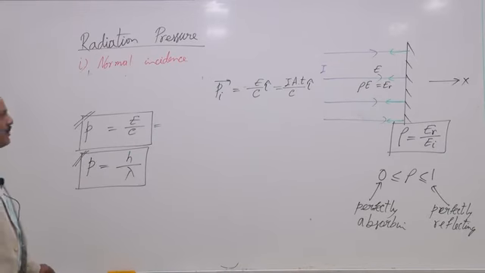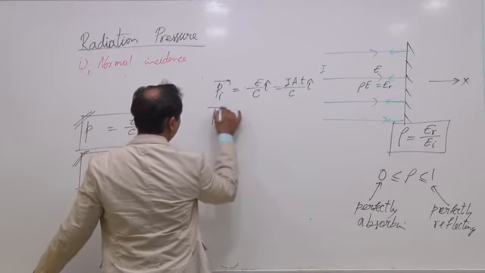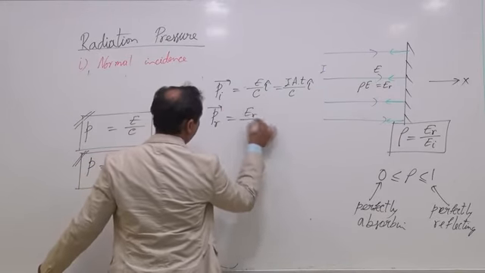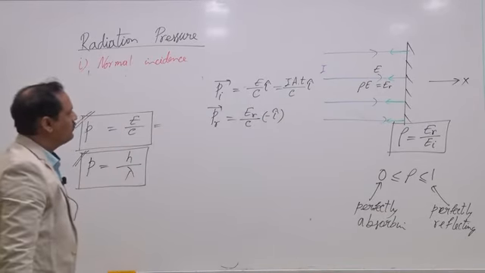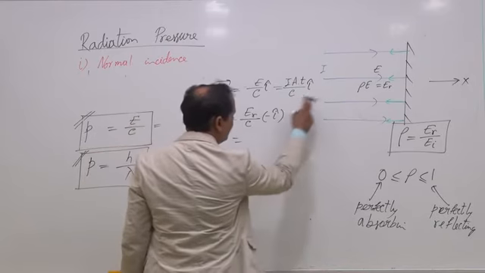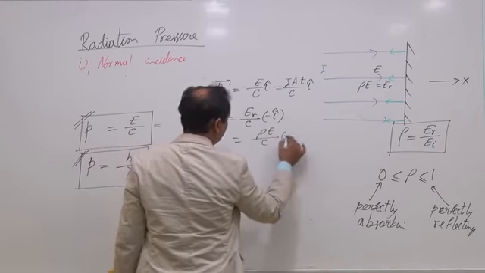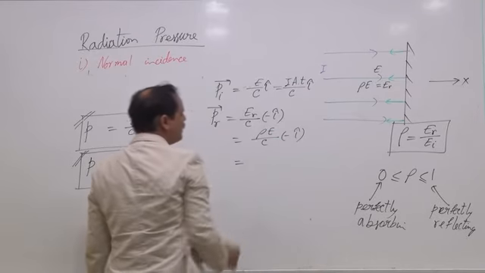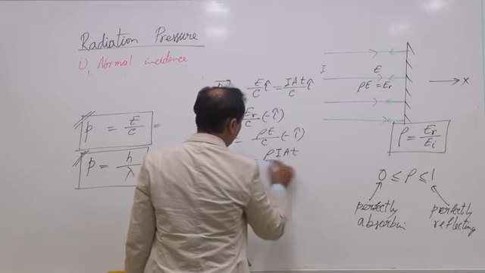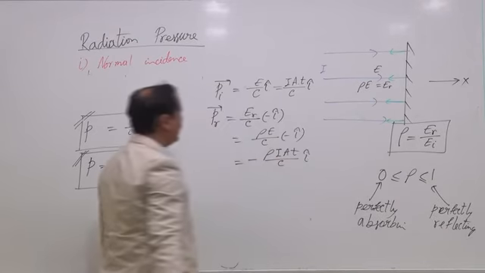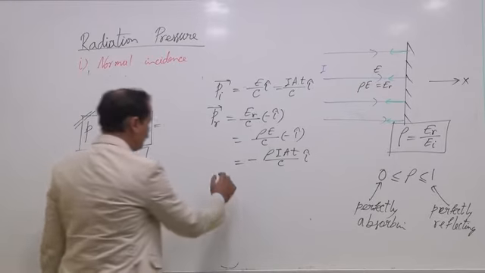This is the incident momentum. For reflected light, PR is equal to ER by C into minus i cap. ER is nothing but rho E by C into minus i cap, that is equal to minus rho IAT by C i cap. This is the momentum of reflected light.